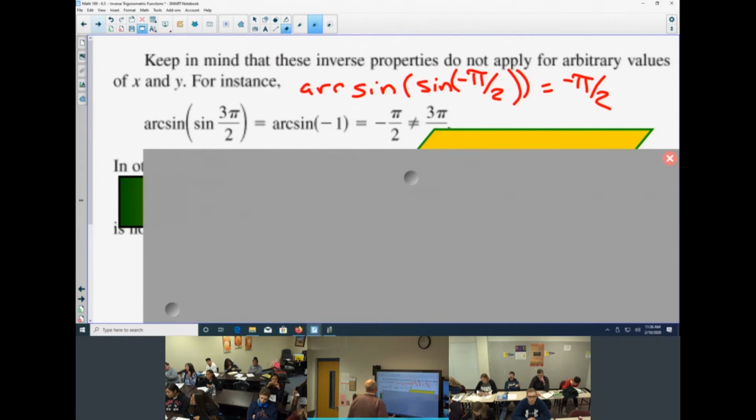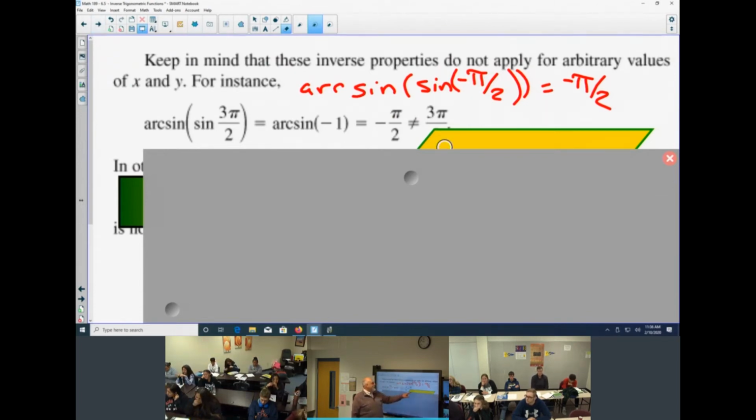So if I have the arc sine of the sine of 3 pi halves, you can't just cancel and get 3 pi halves. The sine of 3 pi halves is negative 1, and then the arc sine of that is negative pi halves.